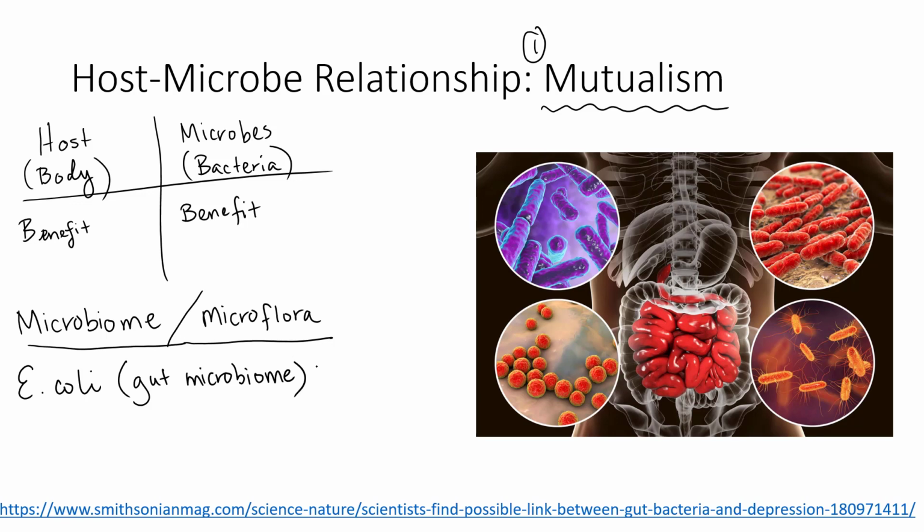And what's it doing in there? Well, it's got a number of different jobs that we benefit from. It actually makes vitamins. So it actually makes vitamin K, which is really important in blood clotting, and that's where we get it. We get it from the E. coli bacteria. It helps with food digestion.